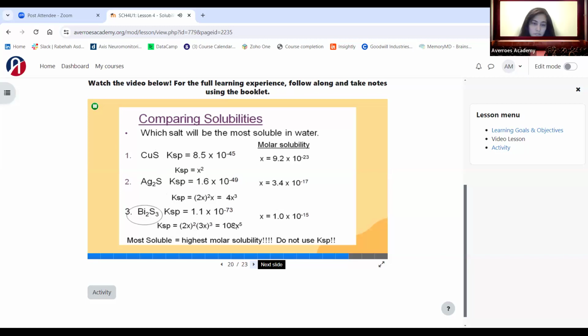When we solve for X, the molar solubility of each of those, the one with the highest molar solubility is number 3.